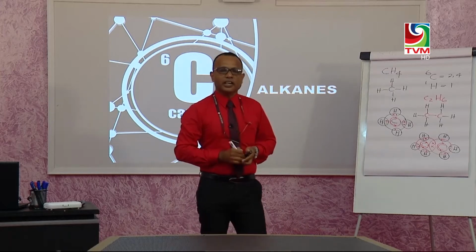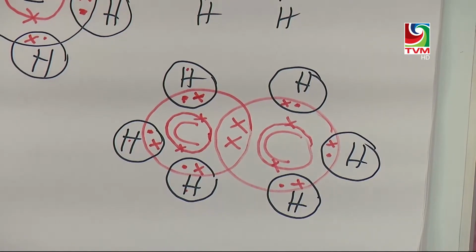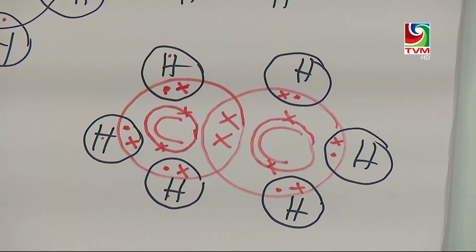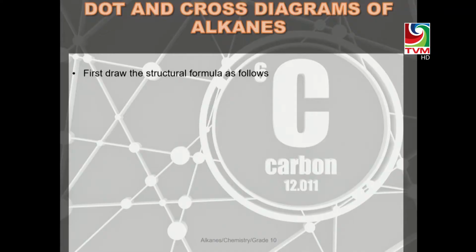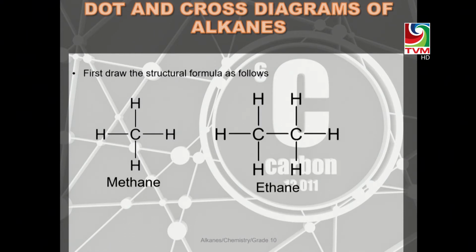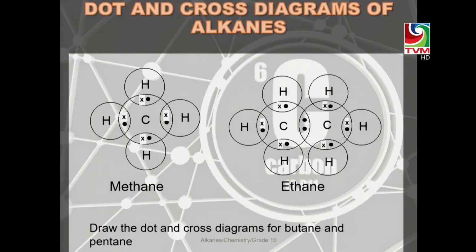Now, it is your time. Take a minute, draw the structural formula of propane. So, you may see these structures. First, draw the structural formula as follows. Structural formula of methane, structural formula of ethane, dot and cross diagram.